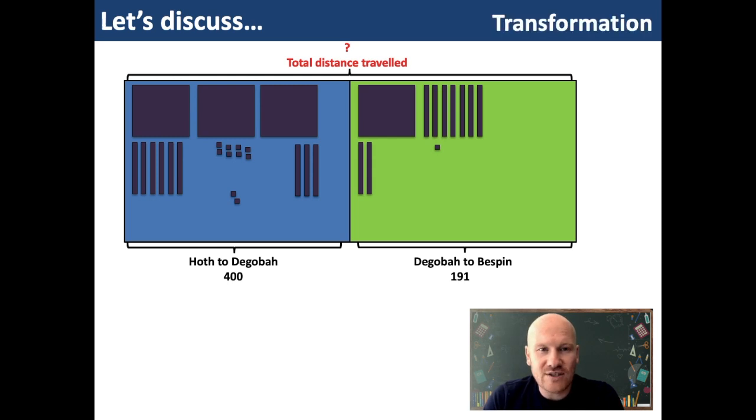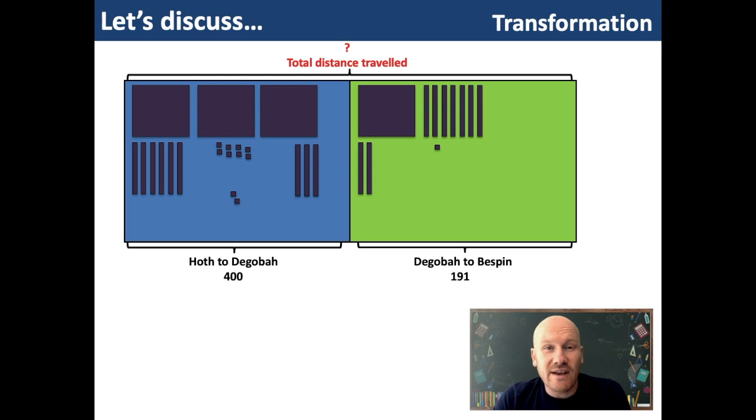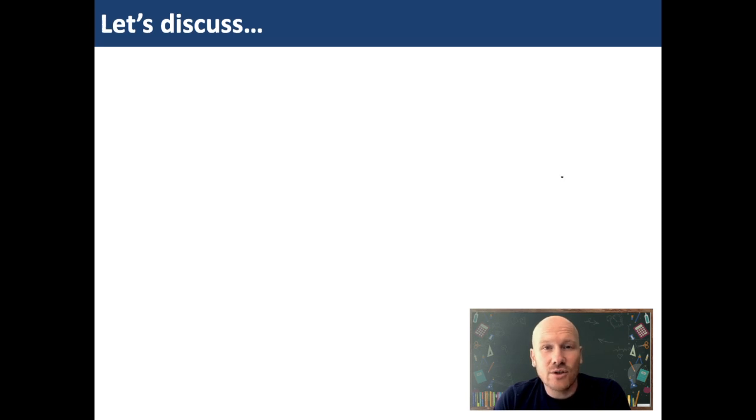So here we transformed the numbers, and we did that in order to get easier numbers to work with. We looked at 3 different strategies there. What I'd like you to do as a class is choose either one of those strategies, or you may want to use a different strategy that perhaps one of your classmates has introduced.